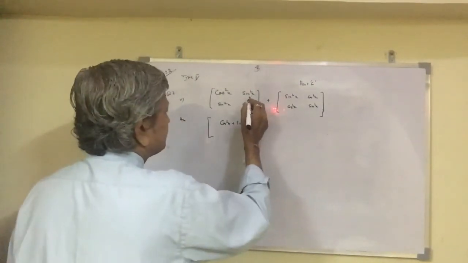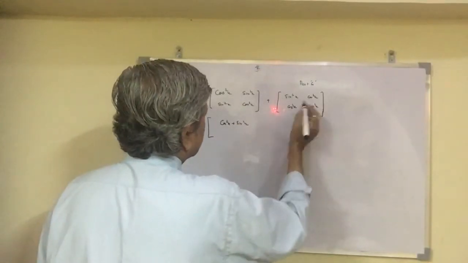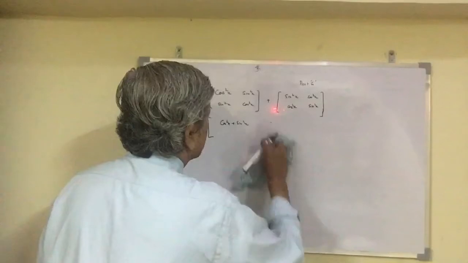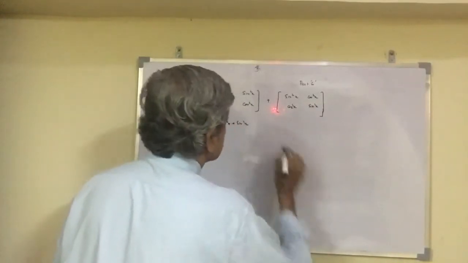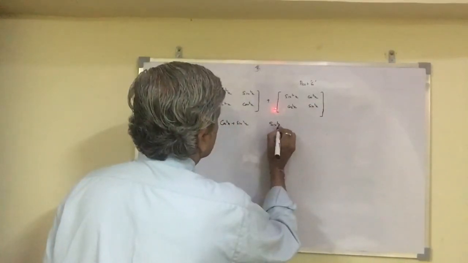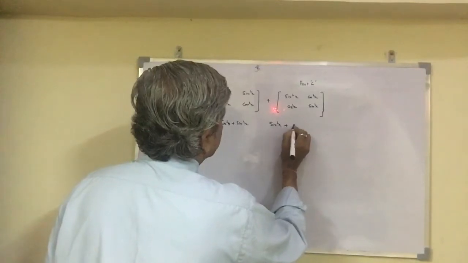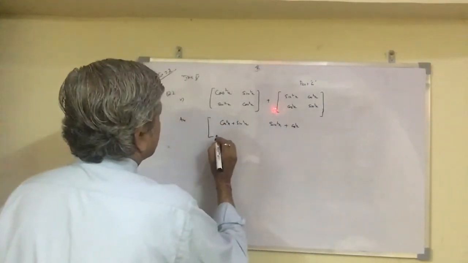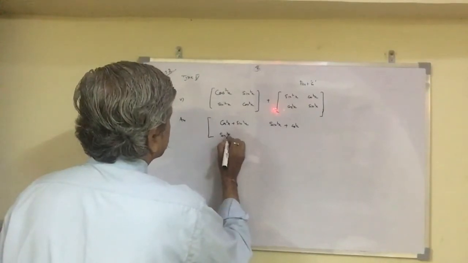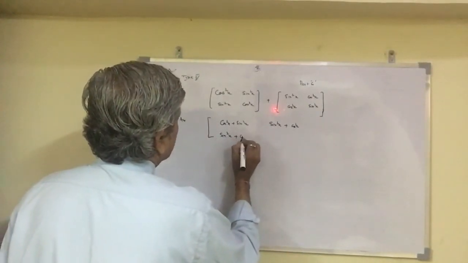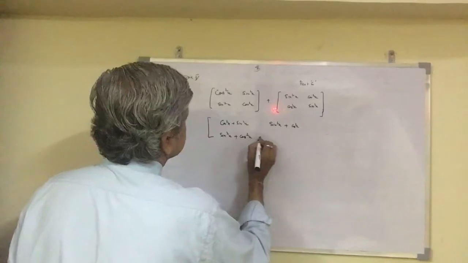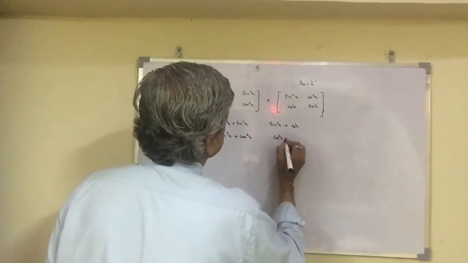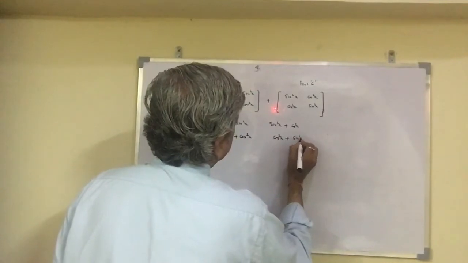Similarly a12 element plus a12 element, sin square x plus cos square x, and then again sin square x plus cos square x, and again cos square x plus sin square x.